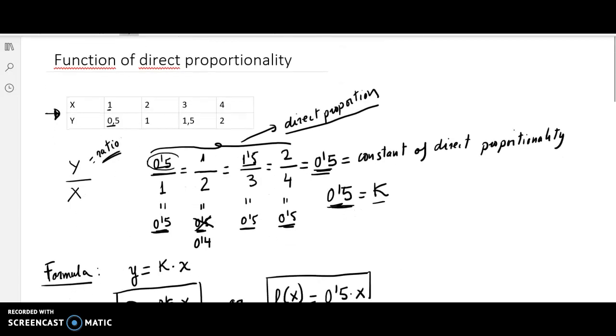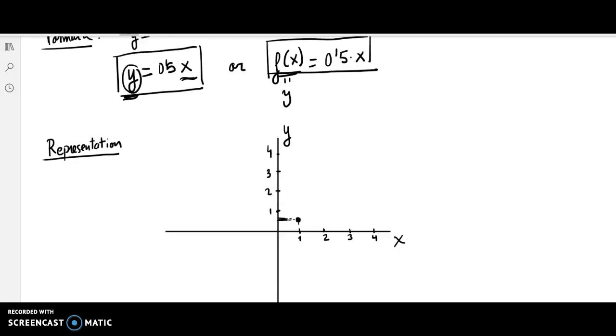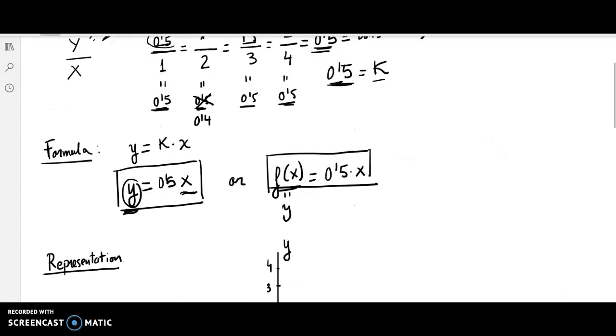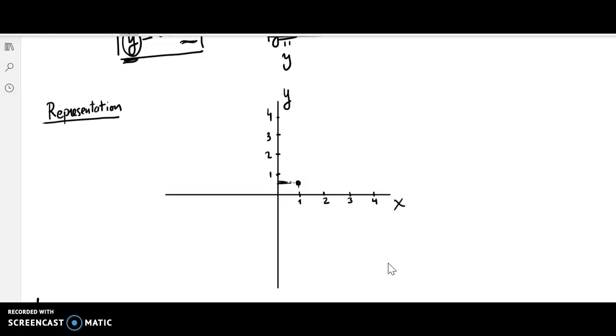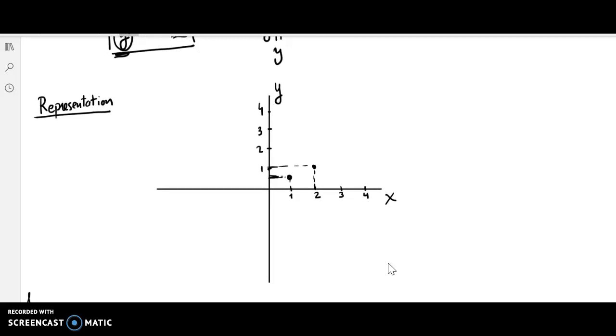So the first point is 1, 0.5. So 1 for the x and 0.5 for the y. Okay, the following point is the 2, 1: the 2 for the x and 1 for the y.